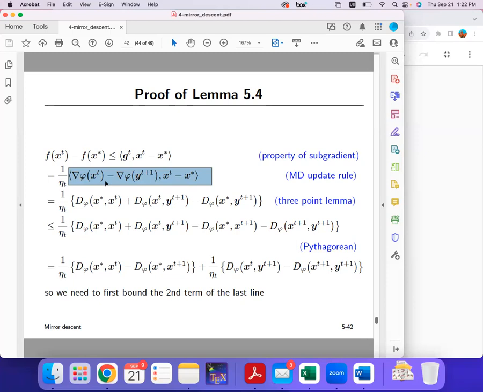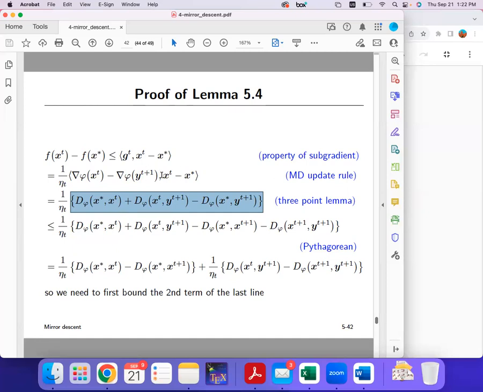It can be shown that this equals the following 3 Bregman divergences. Okay, so these are 3 Bregman divergences, each involving 2 points. Okay, it's not easy to see, but if you start from this line, plug in the Bregman divergence definition, you can get that one. Okay, it takes some calculations.